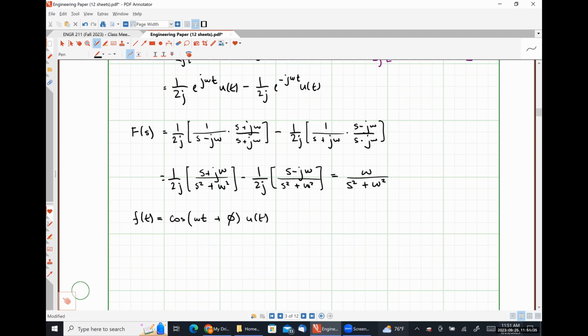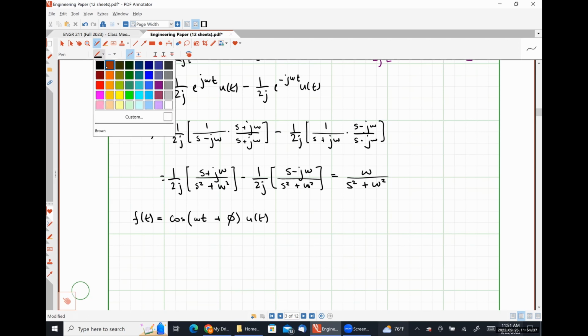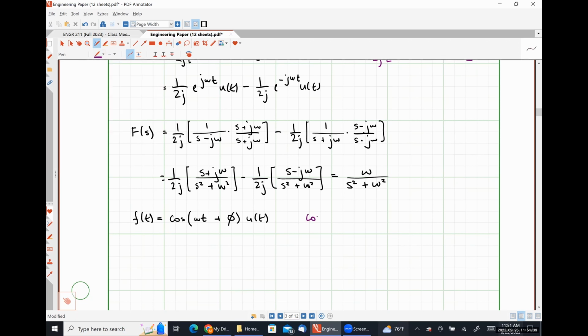I believe that cosine of omega t plus some arbitrary phase angle phi, I'm doing this from memory, so bear with me, should look like cosine of omega t times the cosine of phi minus the sine of omega t times the sine of phi.